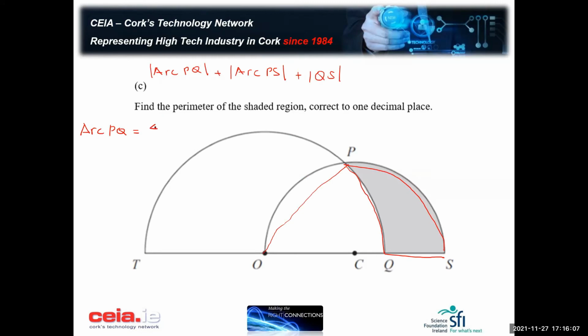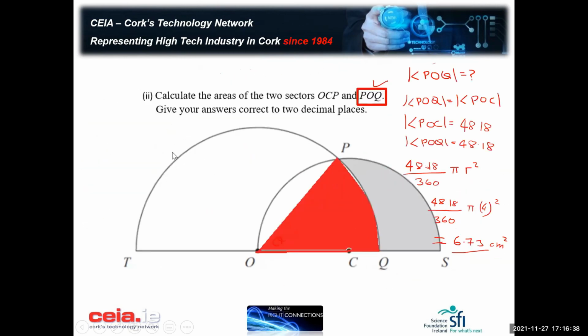So you know that it's some fraction of the circle, some fraction of the circumference. The circumference in the case of the larger circle being 2 pi r. And we know the measure of angle POQ is 48.19. And where did we get that earlier on?